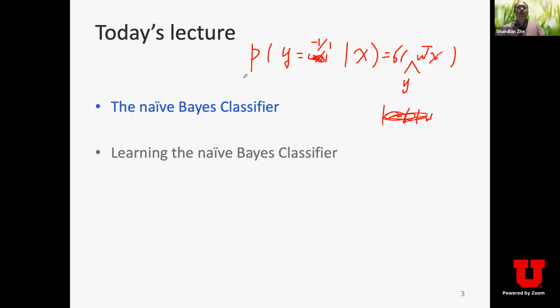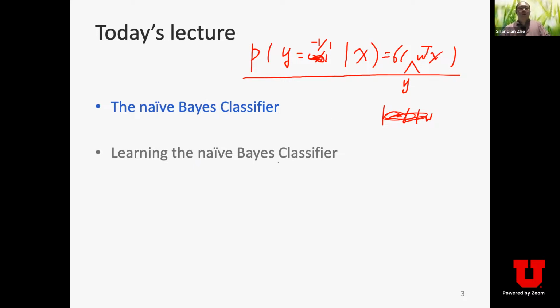From logistic regression, we can see that we're modeling the conditional probability: given the input X, what is the probability distribution of your label Y? That's one way. Now, why not think about another idea? Why should we ignore X?